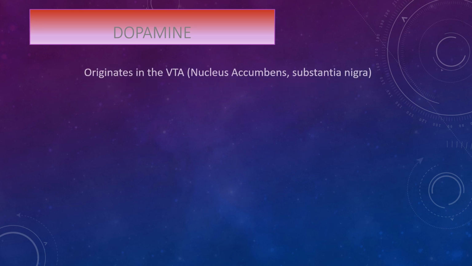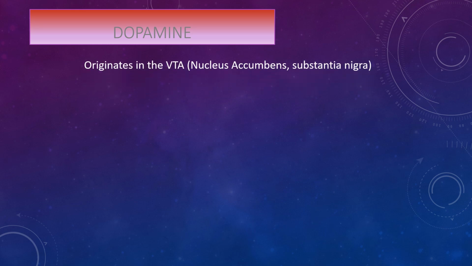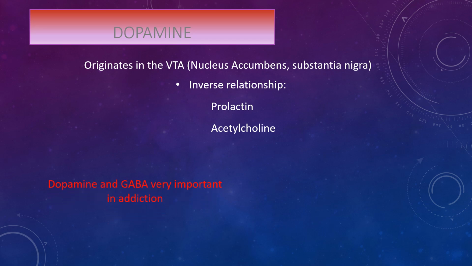Dopamine originates in the VTA, including the nucleus accumbens and substantia nigra. It has an inverse relationship with prolactin and an inverse relationship with acetylcholine.